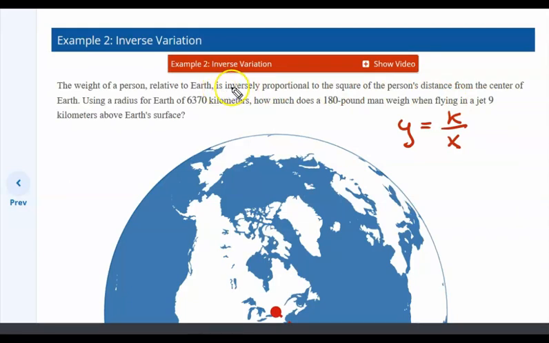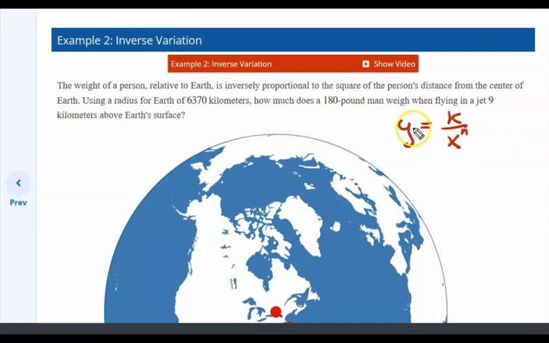So as we look at example 2 in inverse variation, there's our standard formula. Take a moment to read it over and see if you could come up with some letters that would reflect this formula. Notice that it does have an n here for the x.